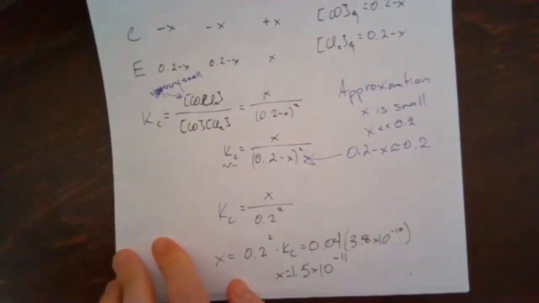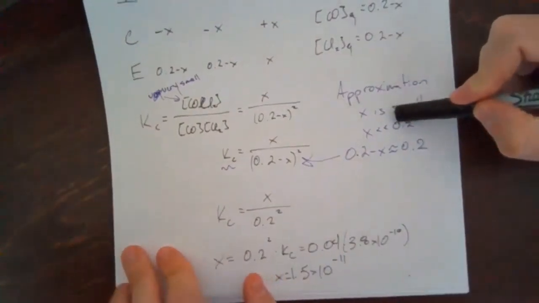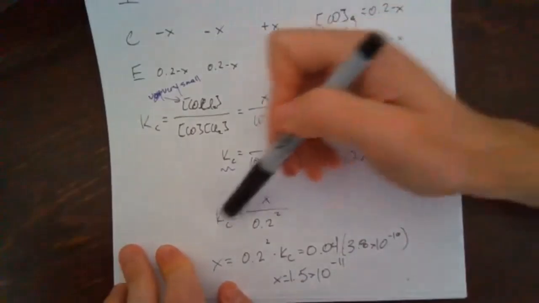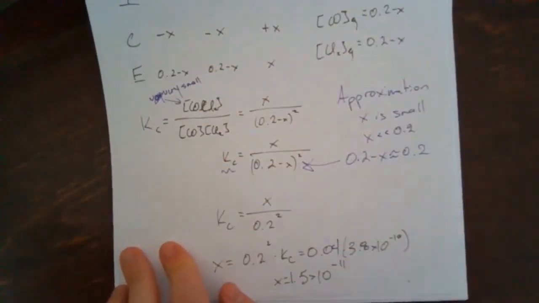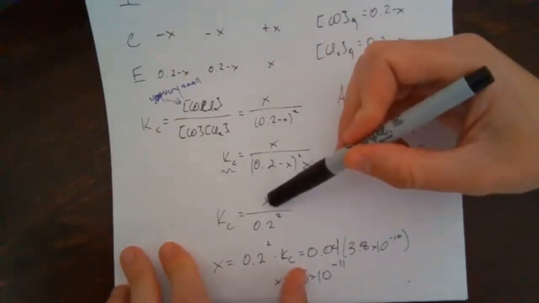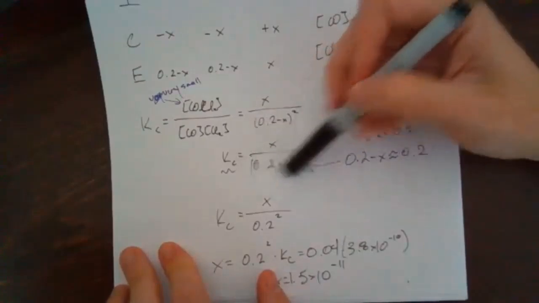Using the approximation, it takes some work to set it up, but I hope you believe me when I say that this is much shorter. After you make the approximation, the work becomes a lot easier than having to use the quadratic formula. You will note we don't approximate the x. You don't say x turns to 0, because the only reason an approximation works is in addition and subtraction.